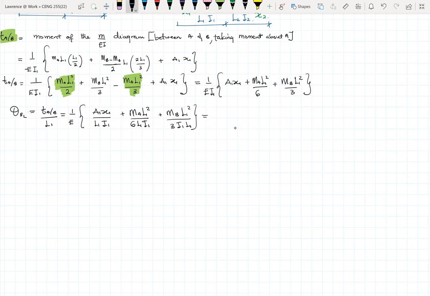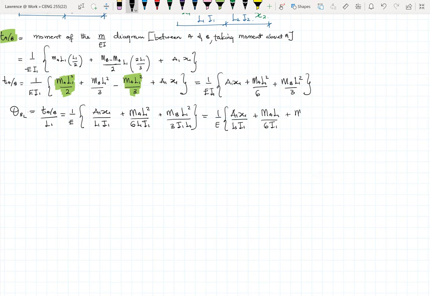So then this becomes, I can have 1 over E again, then I can open the bracket. So A1 X1 over L1 I1. Then here we have plus MA L1, because they'll cancel out, over 6 I1.